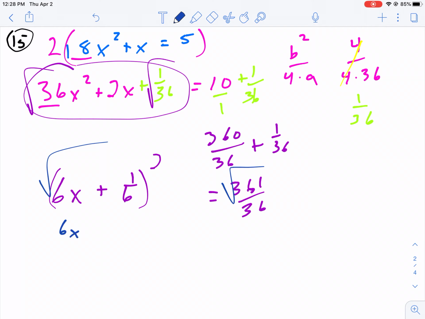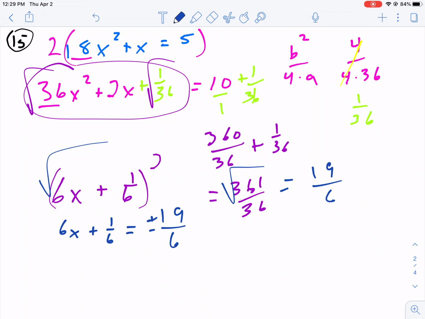So 6x plus 1/6 equals the square root of 361 over 36. So we got to take the 361, square root is 19, so that's 19 over 6. So plus or minus.